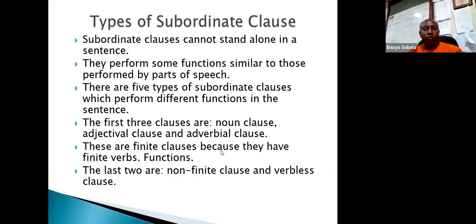But the remaining 2 are non-finite clauses: the non-finite clause and the verbless clause. So we go through each of them for you to understand what they are and how they function.